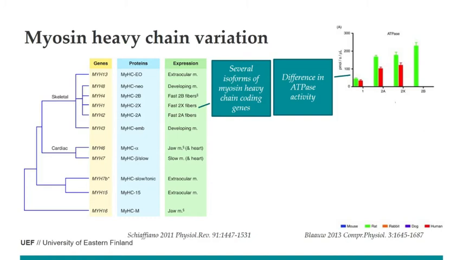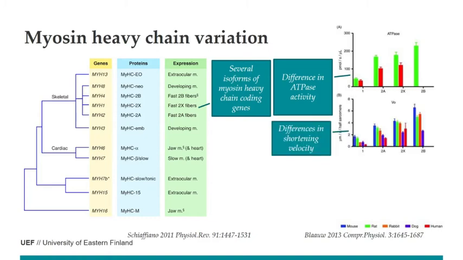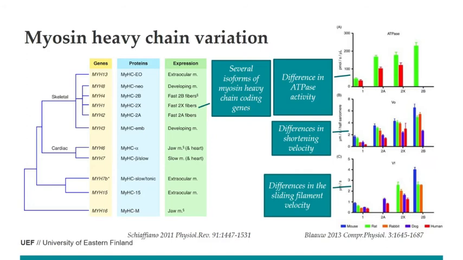And even among the type 2, there is a huge difference in the ATP consumption. This affects the shortening velocity, how fast the muscle is contracting. So these type 1 cells are contracting slower, and the filaments are contracting slower.